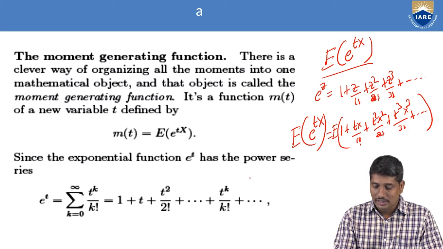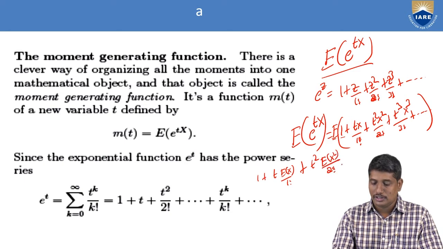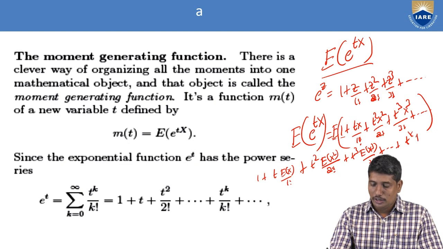That is why we get the expectation of 1 as 1, plus t times the expectation of X by 1 factorial, plus t squared times the expectation of X squared by 2 factorial, plus t cubed times the expectation of X cubed by 3 factorial, and so on, up to t^k times the expectation of X^k by k factorial, and extended.